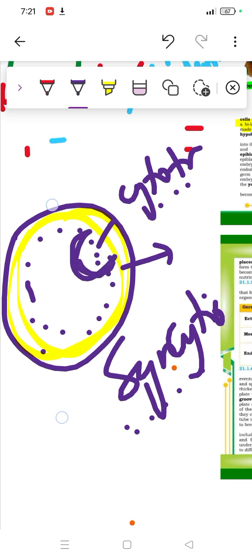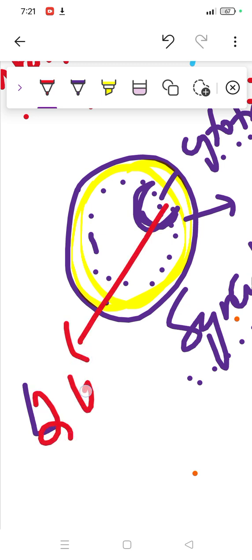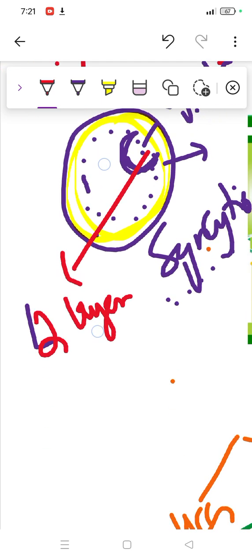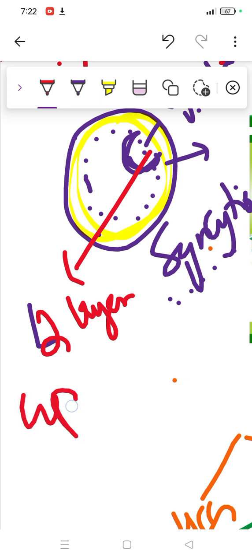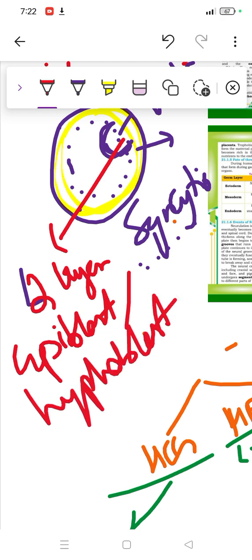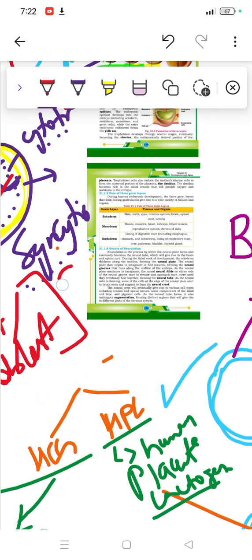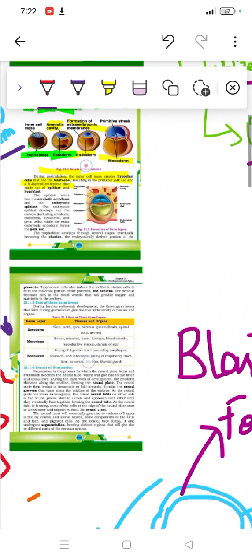So this structure has two layers. These two layers are simply epiblast and hypoblast. Like this, there are two layers which are epiblast and hypoblast. These can be shown on the 8th day after fertilization, so I'm sure it will be clear.